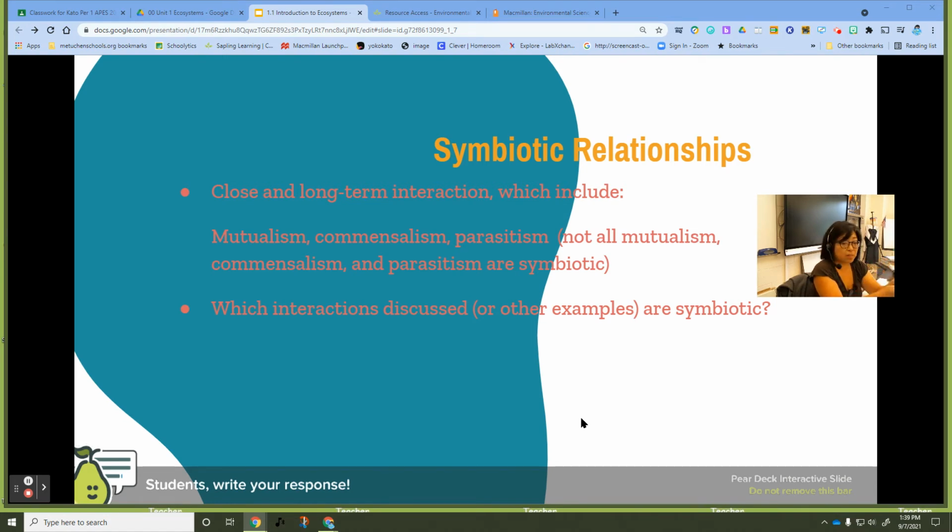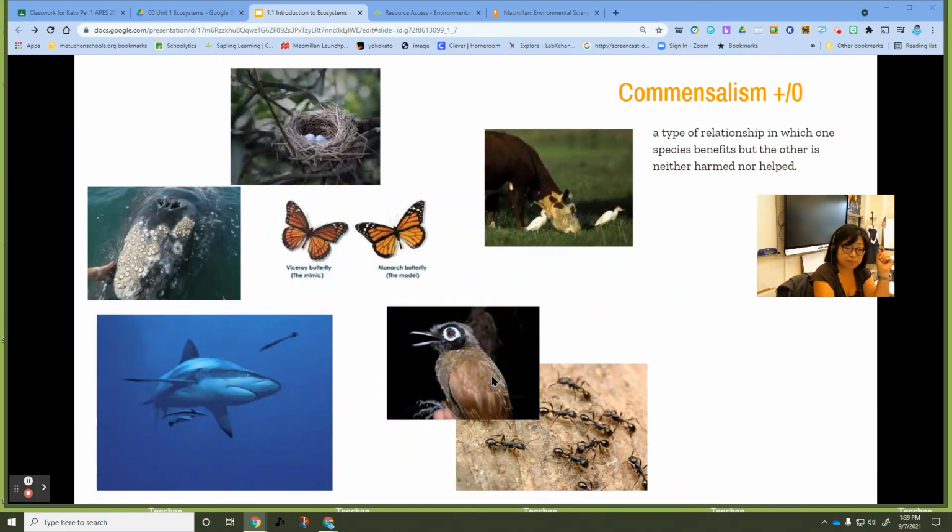So you can have commensalism, you can have parasitism, that's symbiotic. So here, let me give you a couple examples. Barnacles, that's a symbiotic relationship, right? Because it's a very close and long term interaction.